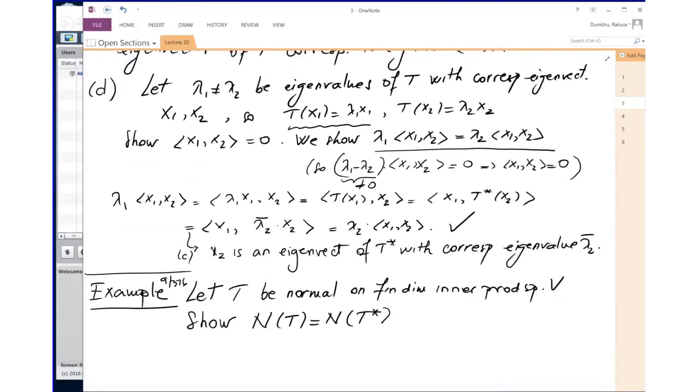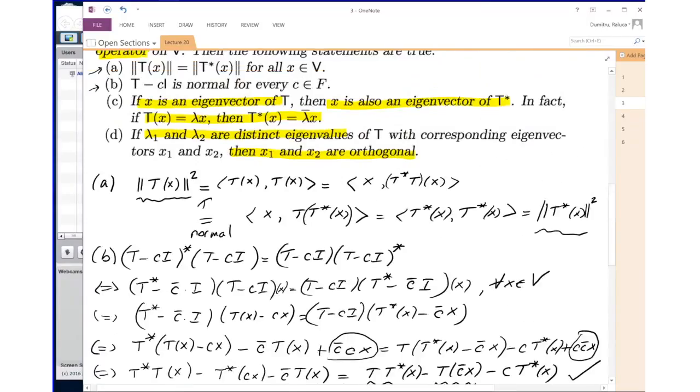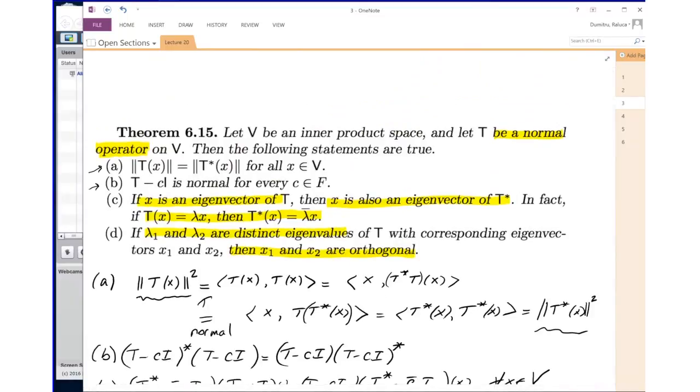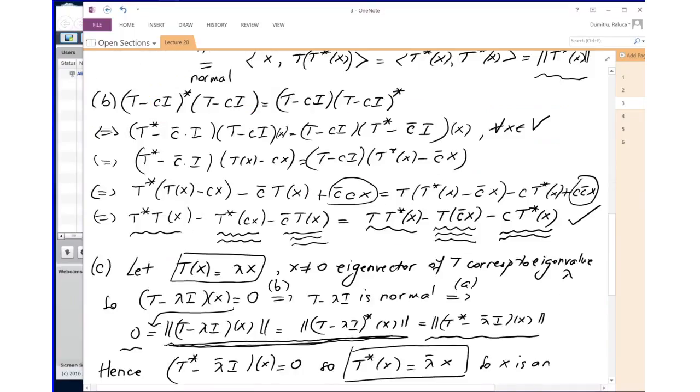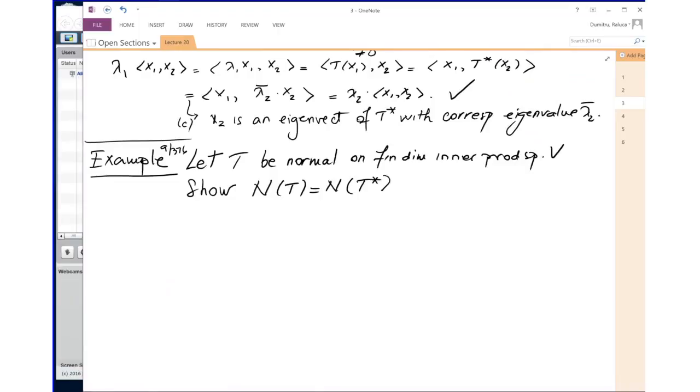Now this will be a very fast consequence of one of those properties, and that is property 1 there, property A. In the sense that if, let's say, X is in the null space of T, then of course that means T of X is 0, right?